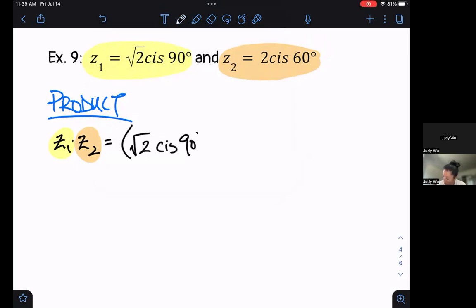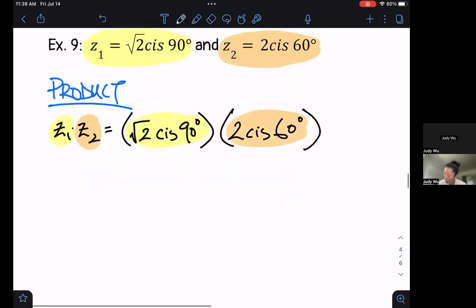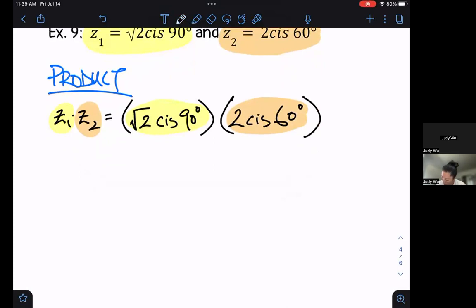Cis 90 degrees times 2 cis 60 degrees, okay? So here's my Z1, here's my Z2. But if I wanted to multiply them, I would actually grab the R's and multiply them. So I would get 2 root 2.